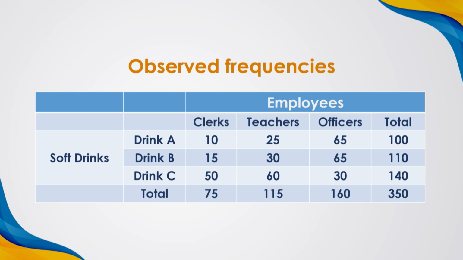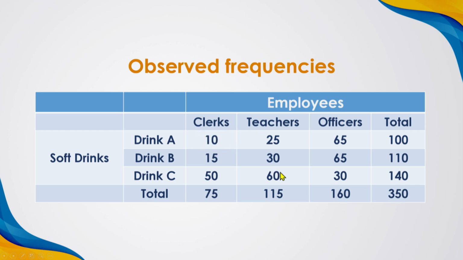Now again, before going to your expected frequency calculation, be clear that these are all the totals you are going to use for the calculation. Suppose you want to calculate the expected frequency for the 10, what will be the formula here? The corresponding row total into corresponding column total divided by grand total, that is your formula. It means that 100 into 75 divided by 350 will give your respective expected frequency.